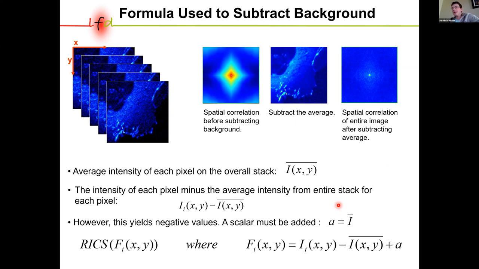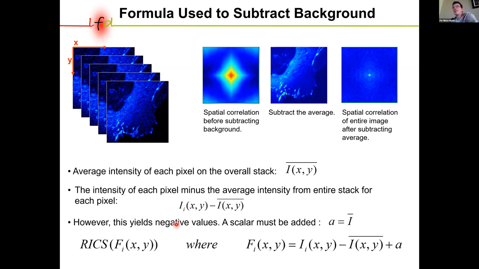Okay, so how does the calculation work? We record a series of images in the same plane, maybe 100 images. Then we take the average of this time stack of images, so for each pixel, we calculate the average fluorescence intensity collected in that point. Then from each individual image, which here is called I with subindex i, we subtract this average, which represents the immobile fraction that always has the same intensity because it doesn't move.